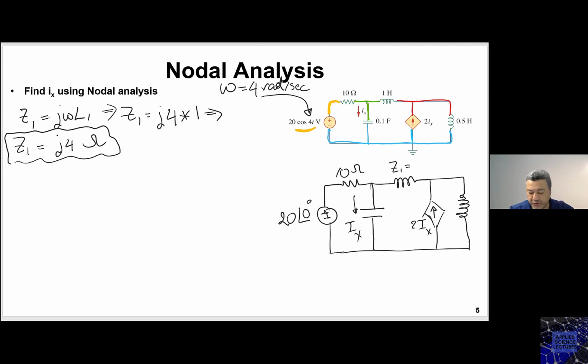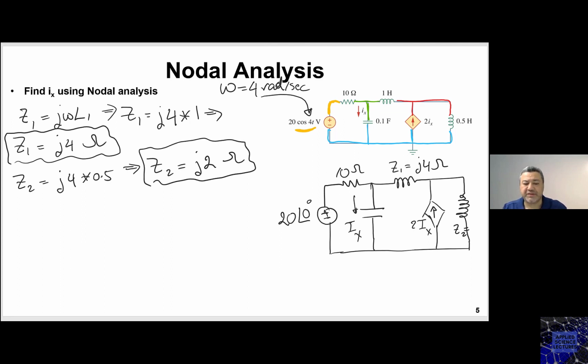What about Z2? So here, j4 times 0.5. Z2 is j2 ohm.